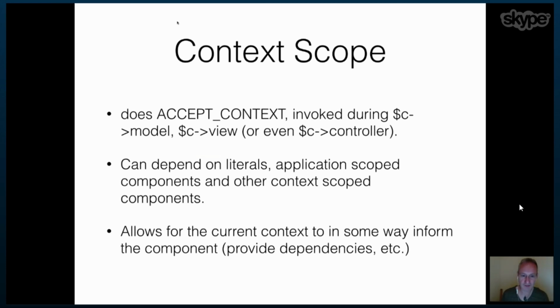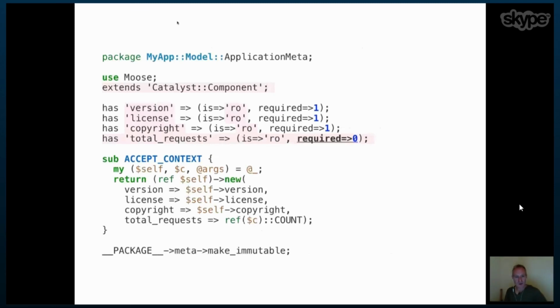So let's look at an example of that. Again, this example is slightly contrived, but I wanted to build upon the example we just looked at a minute ago. I'm taking your application meta model, and it continues to have three attributes: version, license, and copyright.